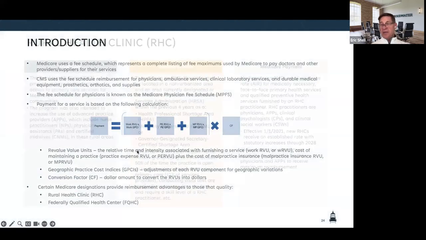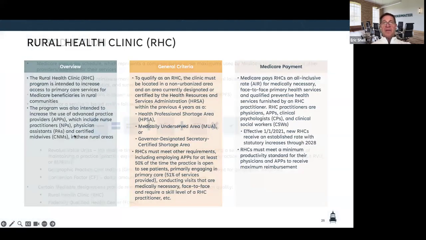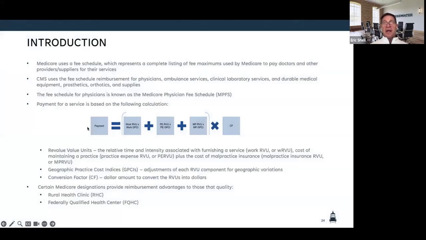We talked about physician payment. Essentially every service a physician provides has a CPT code, a CPT code definition, and a relative value unit weighting. Relative value units are essentially an accumulation of three types of relative value units. There's a work component, a physician practice.